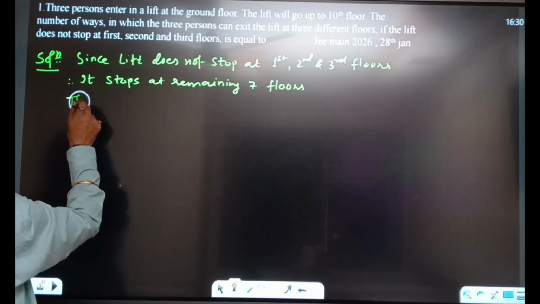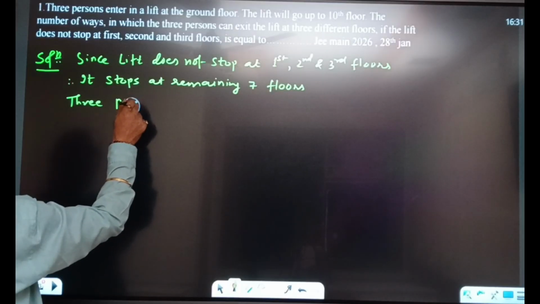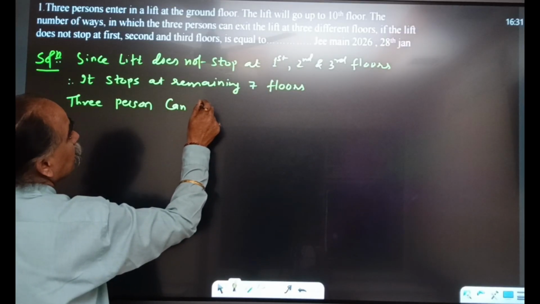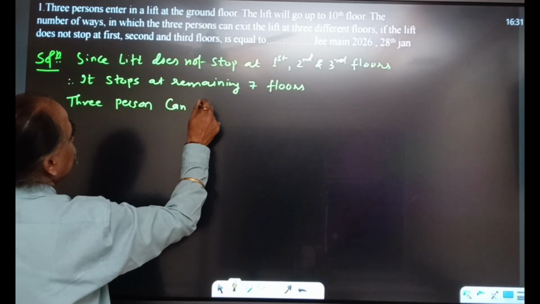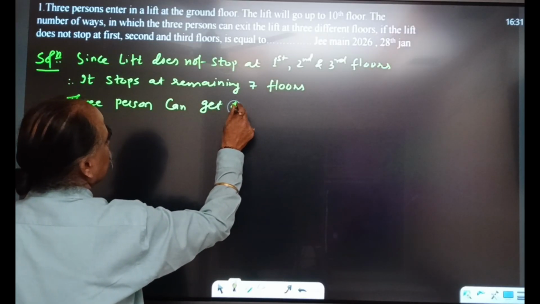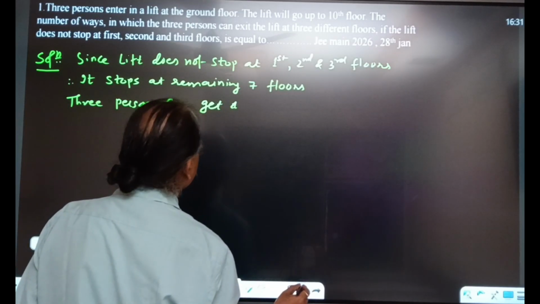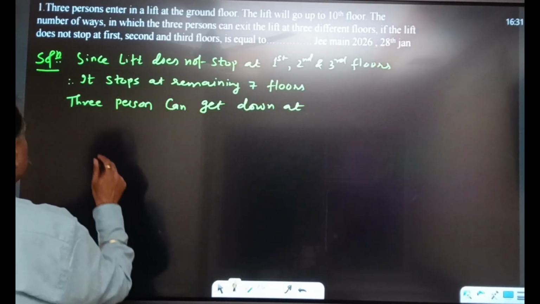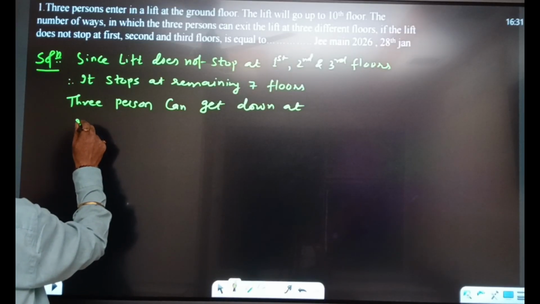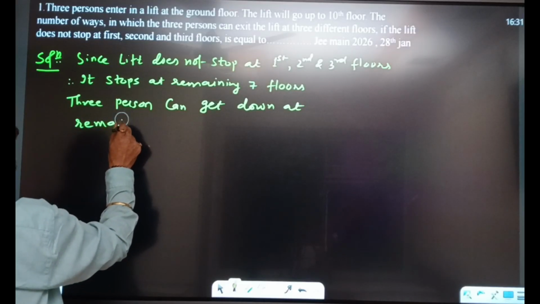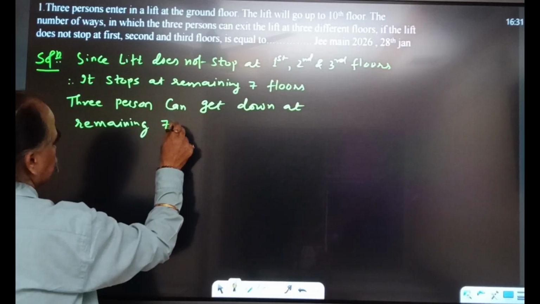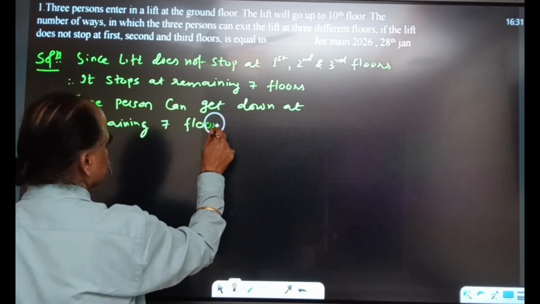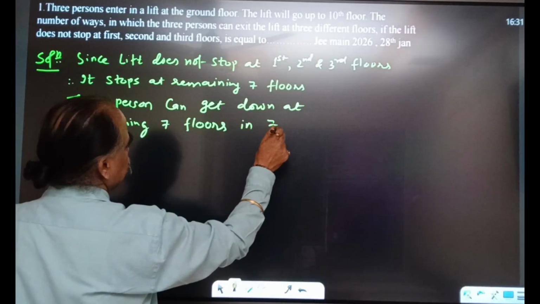Three persons can get down at the remaining 7P3.